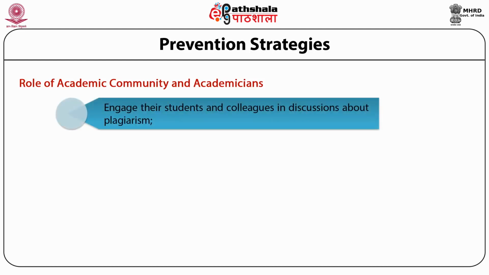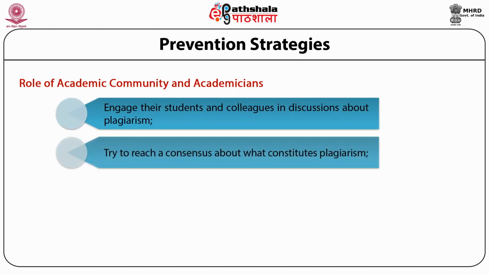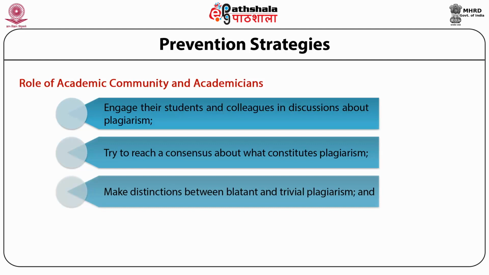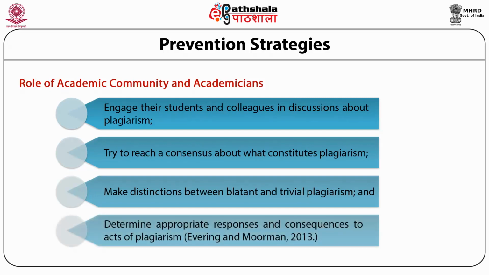Engage students and colleagues in discussions about plagiarism. Try to reach a consensus about what constitutes plagiarism. Make distinctions between blatant and trivial plagiarism and determine appropriate responses and consequences to acts of plagiarism.